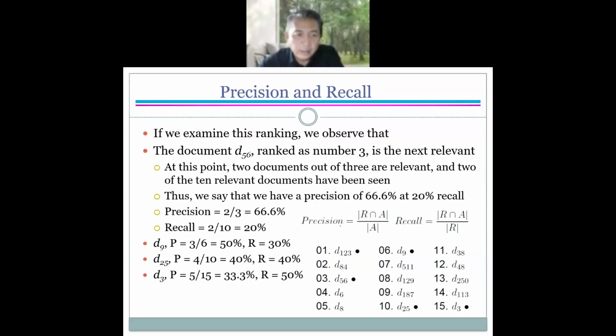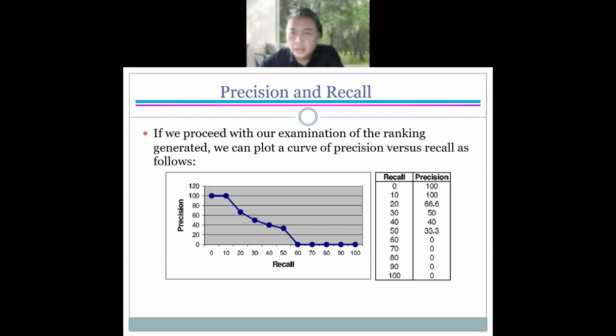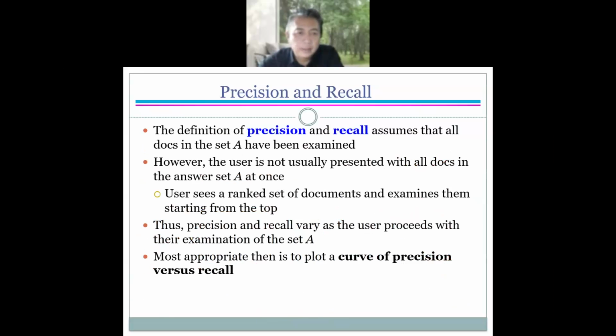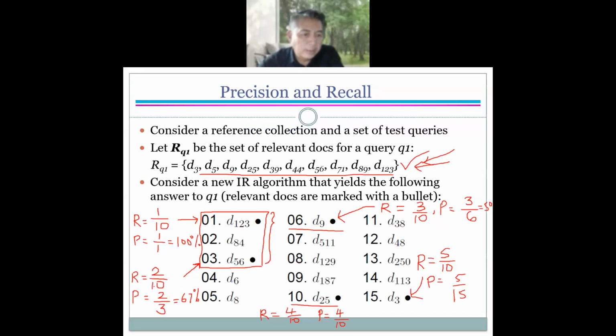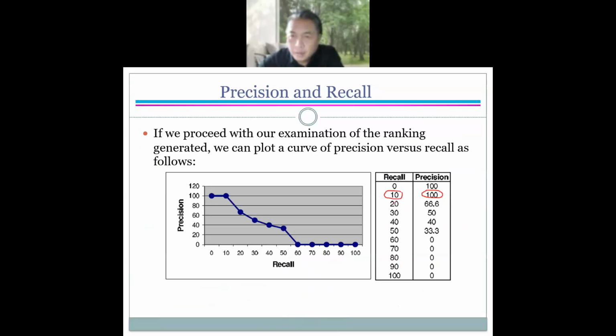So kita punya first point tadi tu yang sini. So 1/1 and 1/10. So we look at the recall. So the recall 10% and the precision is 100, and then the next one is what? The recall is 20%, and then 67%. So the recall 20% is this one.